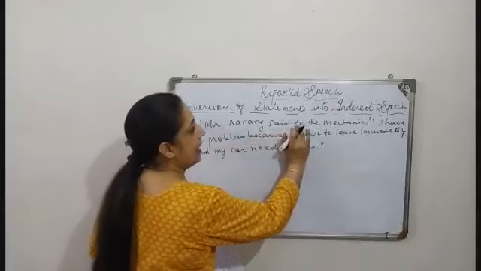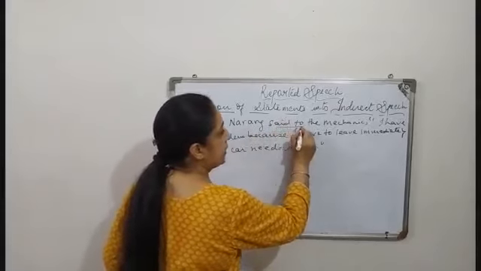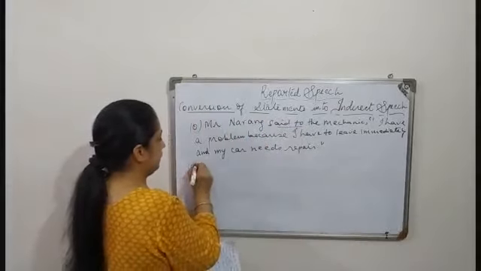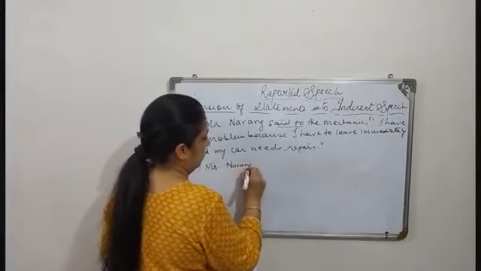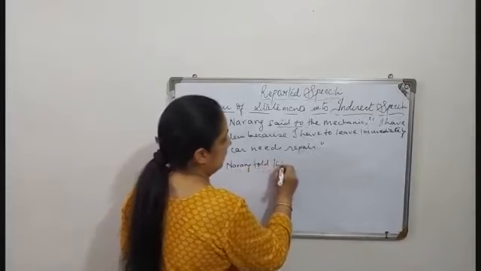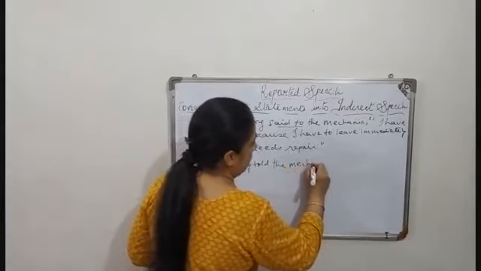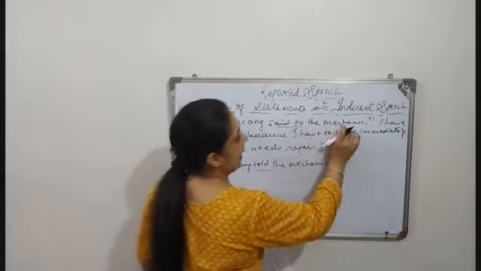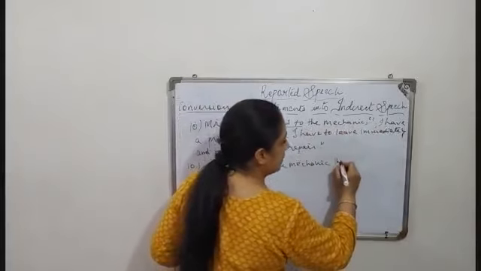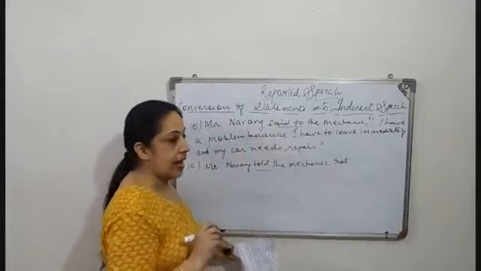Mr. Narang said to. Said to is converted to told. So first we'll write the first part. Mr. Narang told the mechanic. So we have made this change. Told the mechanic that, comma and inverted comma replaced by that.